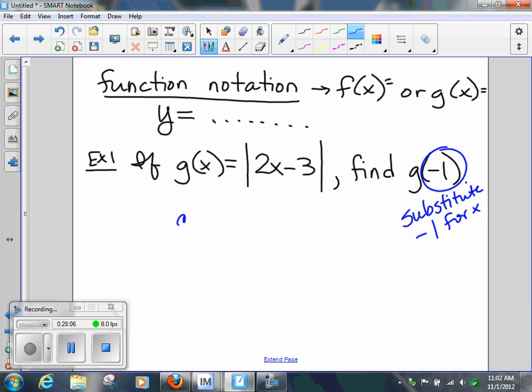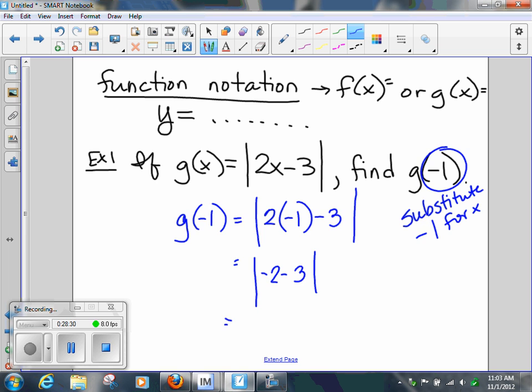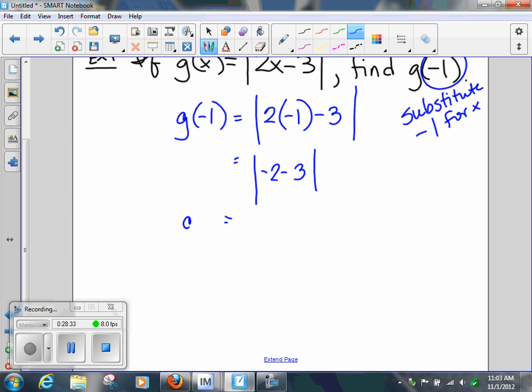So I'm literally going to rewrite g of negative 1, because that's what I'm finding, is equal to the absolute value of 2 times negative 1 minus 3. And I'm going to close the absolute value. Folks, find out that value for me, please. Did you get the absolute value of negative 5, which is plain old 5?